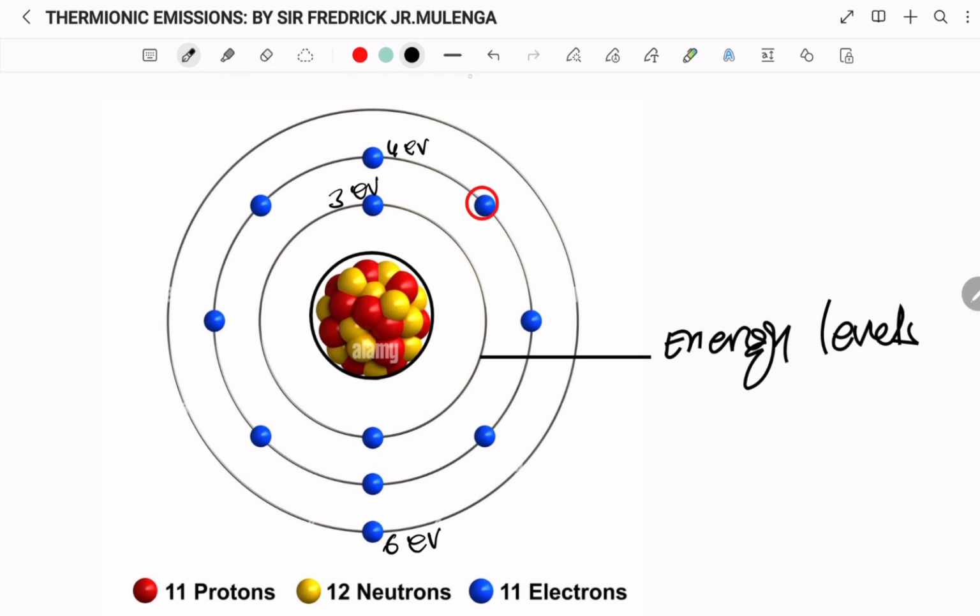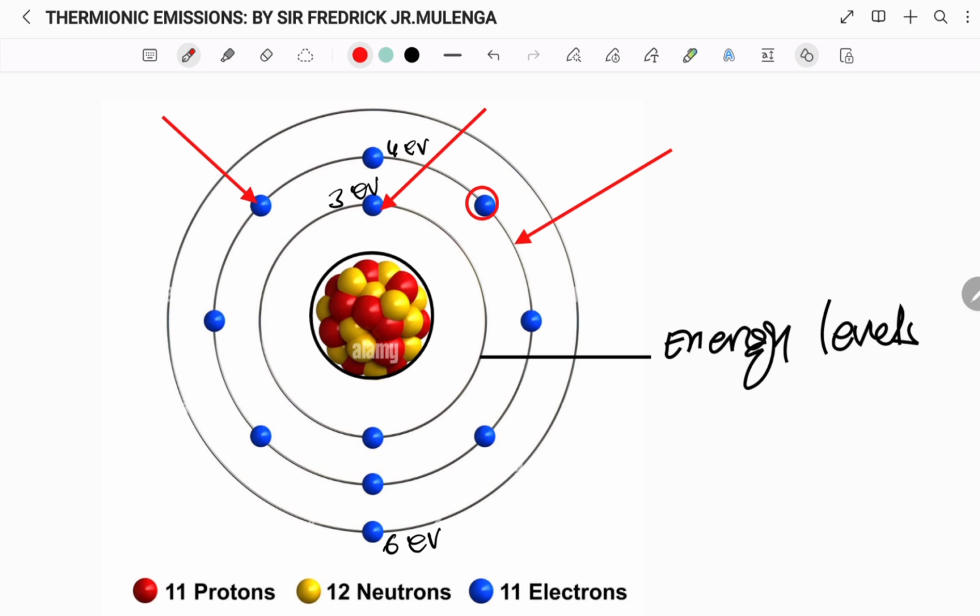Now we decide to give this atom energy. We apply energy to this atom, so this atom will absorb this energy. Even the electrons will also absorb this energy that we are supplying.